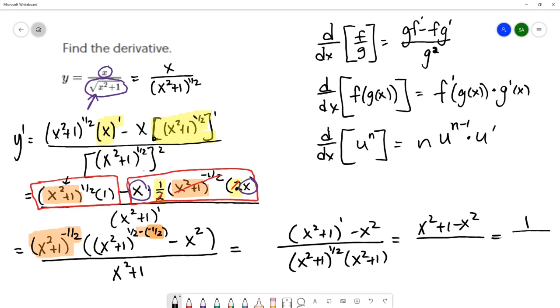And in the denominator, I have the same factor being multiplied, so I'm going to add the powers together. That's one of our exponent rules. So that becomes x squared plus 1 to the 3/2 power, or square root of x squared plus 1 cubed. So we've got the derivative being 1 over the square root of x squared plus 1 cubed.